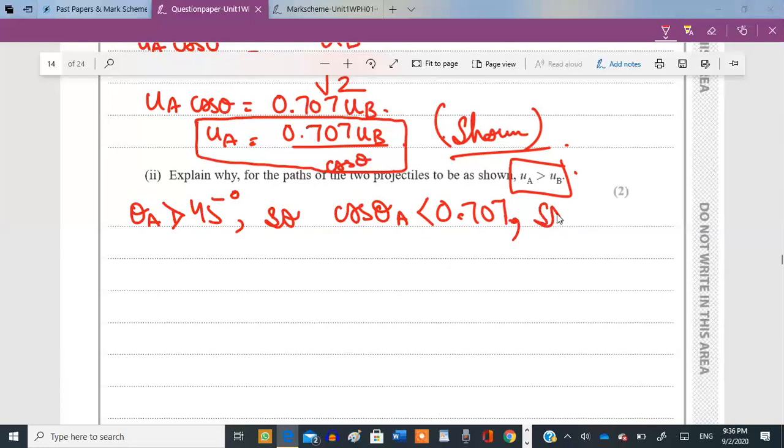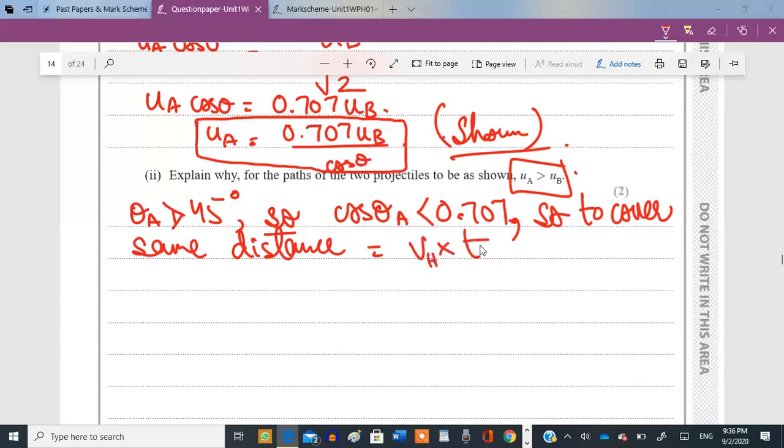So to cover the same distance, which is equal to V multiplied by T, the horizontal component multiplied by time, in order to have the same distance when the time is the same, in order to have equal answers, the VA must be larger than VB.